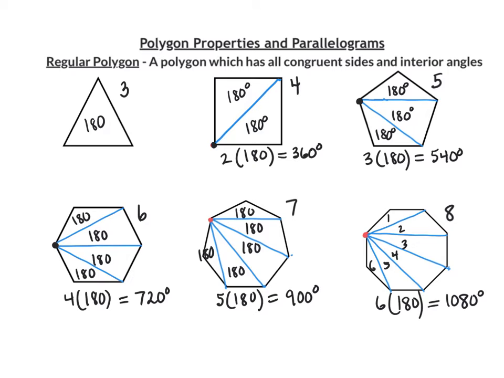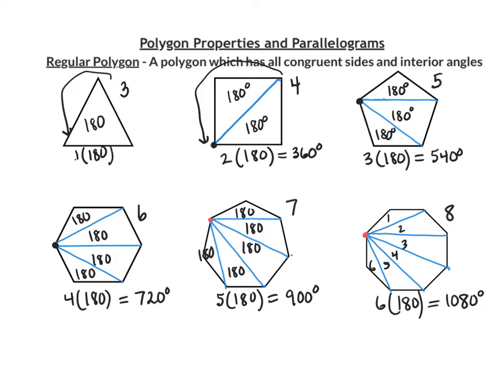Now the thing you need to notice is that there's a relationship between the number of sides, which happens to be the same as the number of angles, by the way. Look at the triangle. It was 1 times 180, and a three-sided figure had one triangle in it. The quadrilateral was 2 times 180, and a four-sided figure had two triangles.